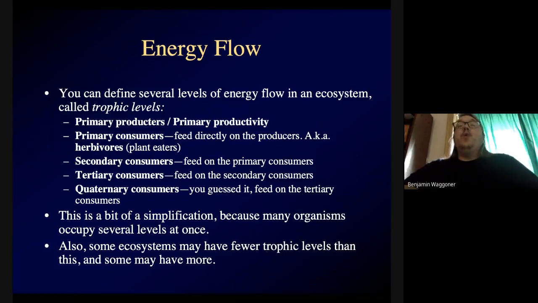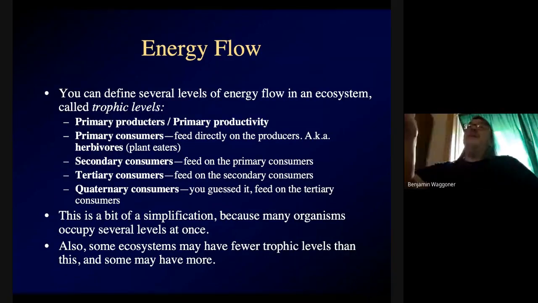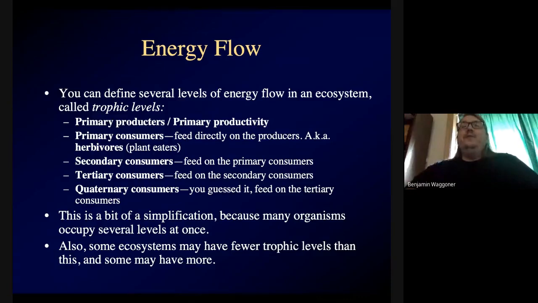And then you have organisms that eat the plants directly, and those would be consumers, specifically primary consumers, because they feed on the producers directly. So the grass on my lawn would be a primary producer. The grasshoppers that eat the grass would be the primary consumers.